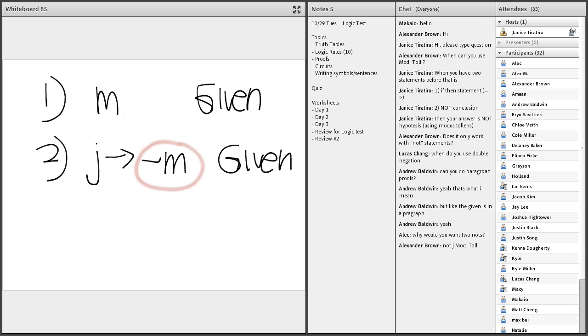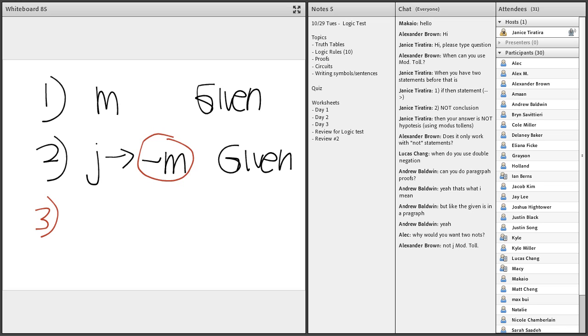But for my class, if we're going to use modus tollens, we have to literally use the opposite of what's provided. So see how not M is provided in this circle, right? So I know I want to say not the conclusion, and then I can say the answer is not the hypothesis.